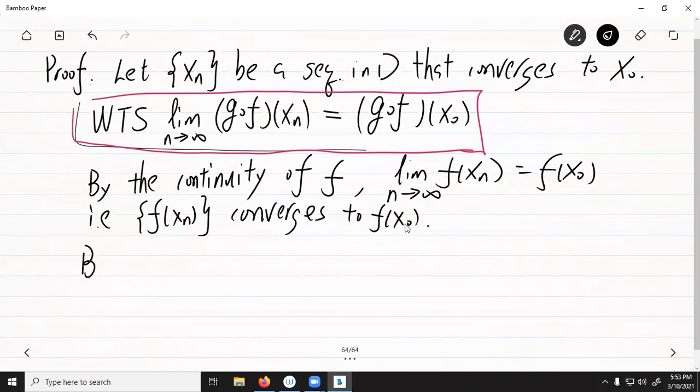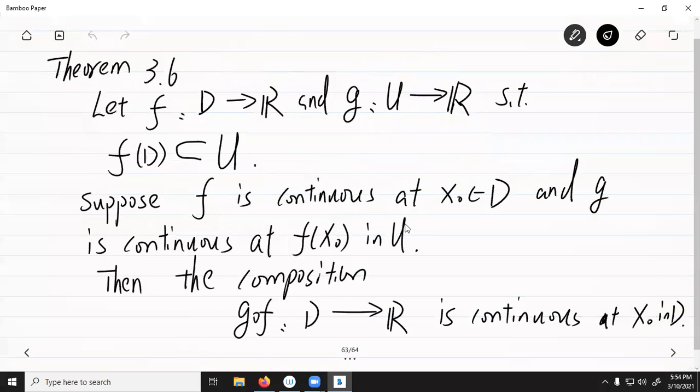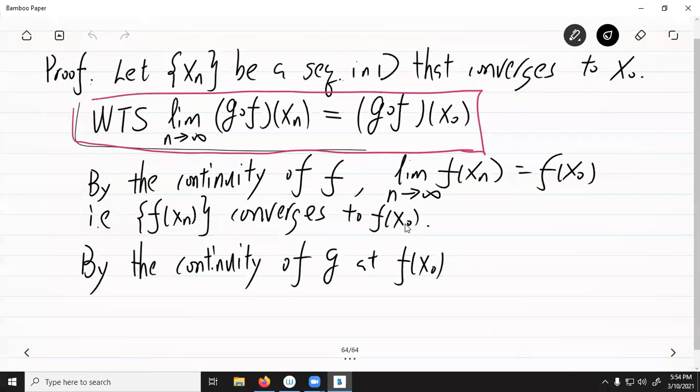So we also know that by the continuity of g at f of x naught, right? You look at the theorem, it said g is continuous at f of x naught, not x naught. So we have a sequence which is in U, no, in D, no, in U, right?